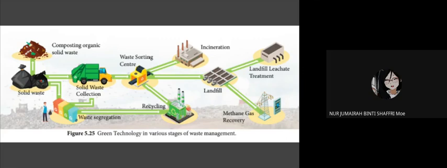At the incineration, landfill and recycling centers, you can see it is halfway to the green technology, which is landfill liquid treatment and methane gas recovery. I will explain more about this green technology in the next slide. So basically, at the landfill, it will be brought again to the landfill liquid treatment or the methane gas recovery.